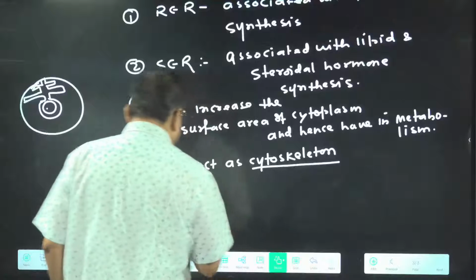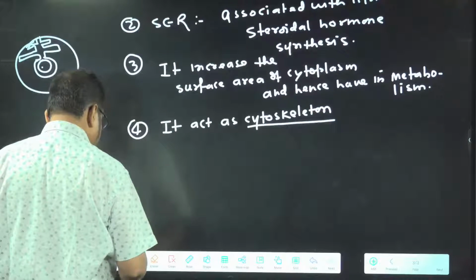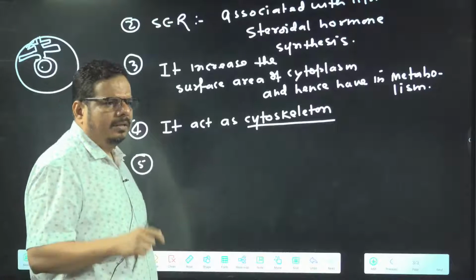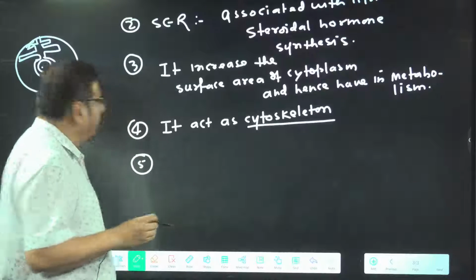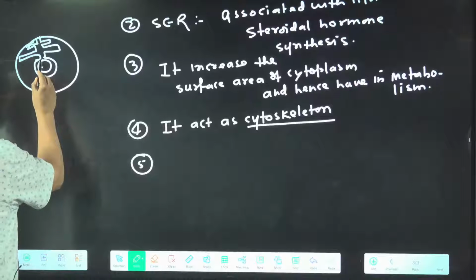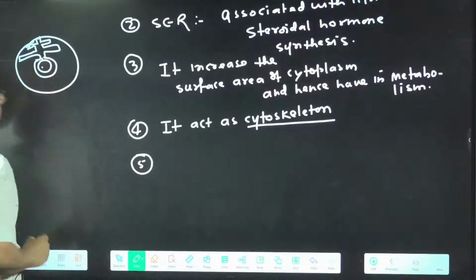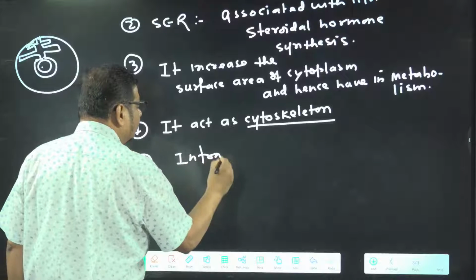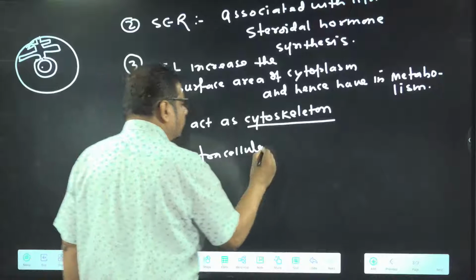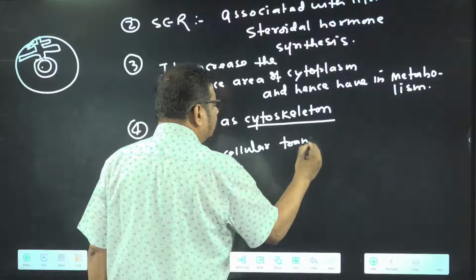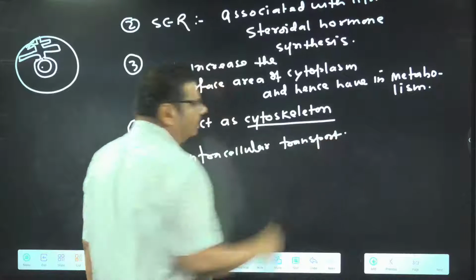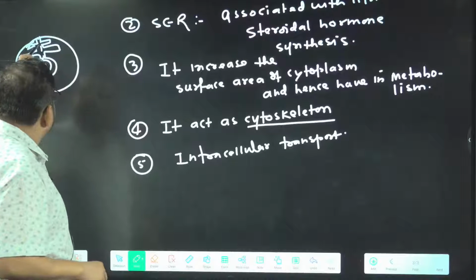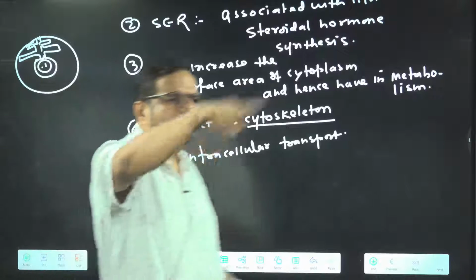Now I am writing another function. I already told you that it is a network-like structure. One side attached with the nuclear membrane, another side the cell membrane. So it is responsible for intracellular transport from one part of the cell to another. Suppose anything wants to move from the nucleus to the cytoplasm, it can pass through the pipes of the endoplasmic reticulum.